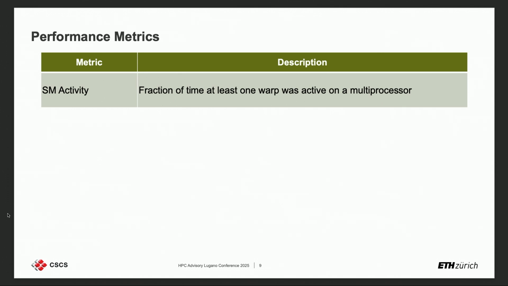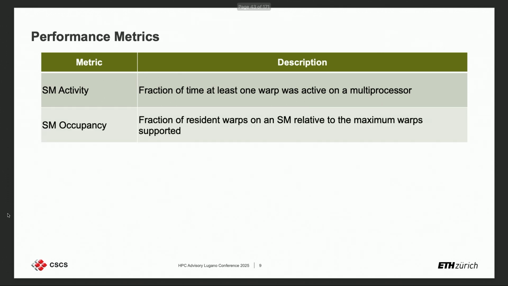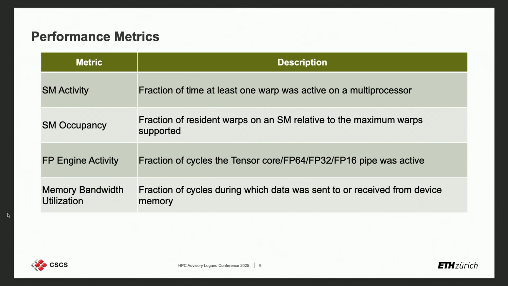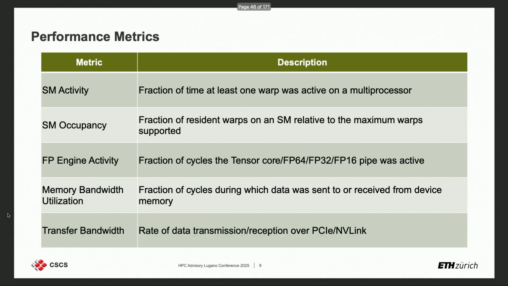You have occupancy, which is the fraction of resident warps on an SM relative to the maximum warps supported. You have floating point engine activity, which tells you essentially how hot your tensor core or floating point engines are running. You have memory bandwidth utilization, which quantifies how much data was being moved between memory and registers. And finally, you have, for example, transfer bandwidths, which tell you the rate of data transmission over PCI Express or NVLink, depending on your hardware setup.